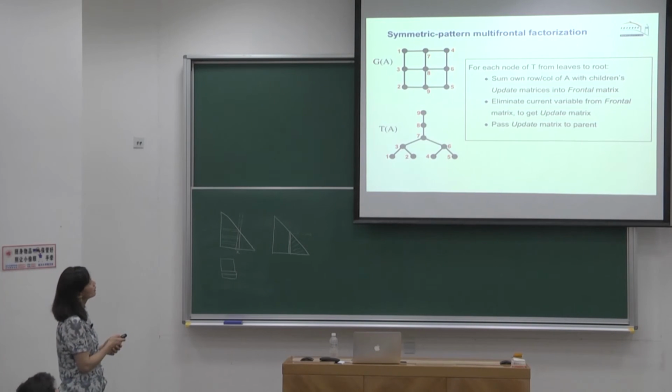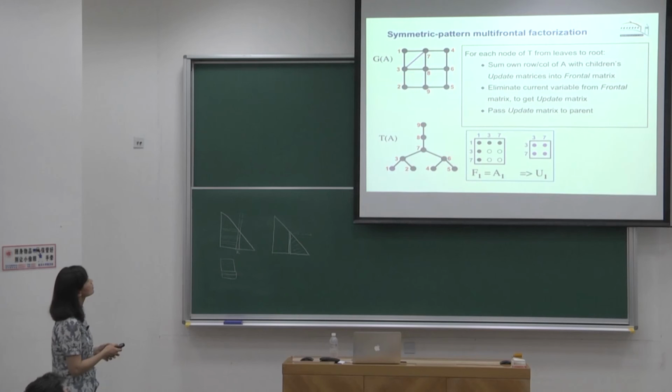We sum the own row and column of A with the children's update matrices into the frontal matrix. And then we eliminate the current variable from the frontal matrix to get the update matrix, then pass the update matrix to the parent. So look at the first step. We have 3 non-zeros, 1, 3, 7.